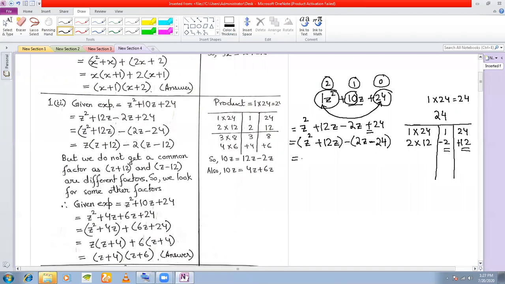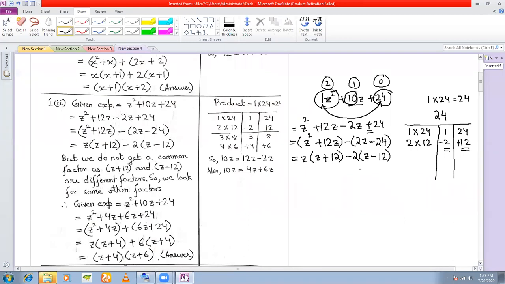Now what is the HCF of z square and 12z? Simply z. If I take out z from z square, I'll be left with z. If I take out z from 12z, I'll be left with only 12. Minus 2z and 24. What is the HCF of 2z and 24? It is 2. From 24, if I take out 2, I'll get 12.